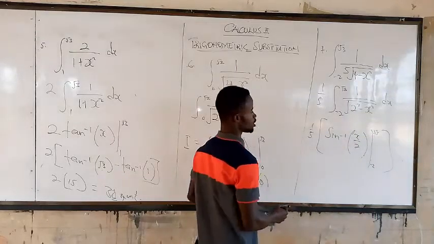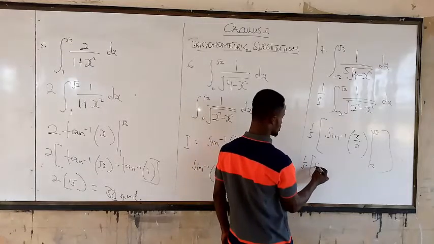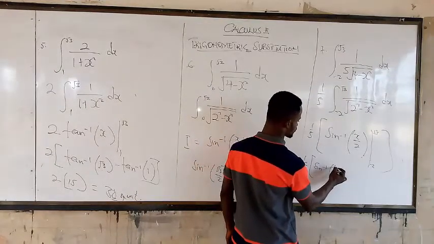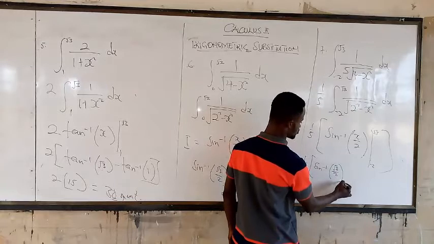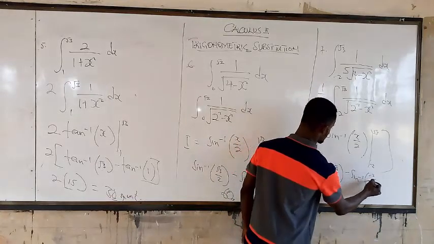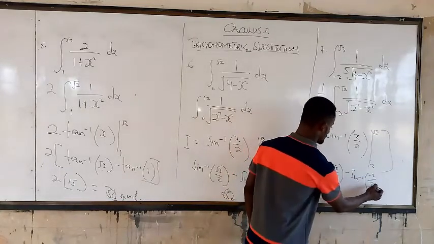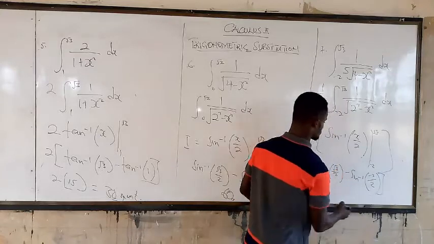Alright? And when you do that, you get a half, sine inverse of square root of 3 over 2 minus sine inverse of negative 2 over 2.